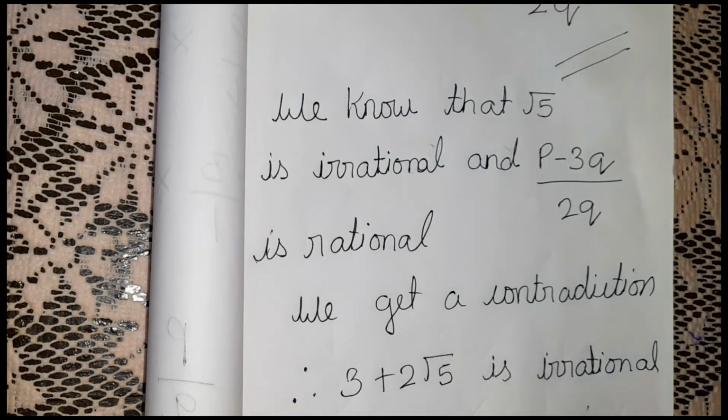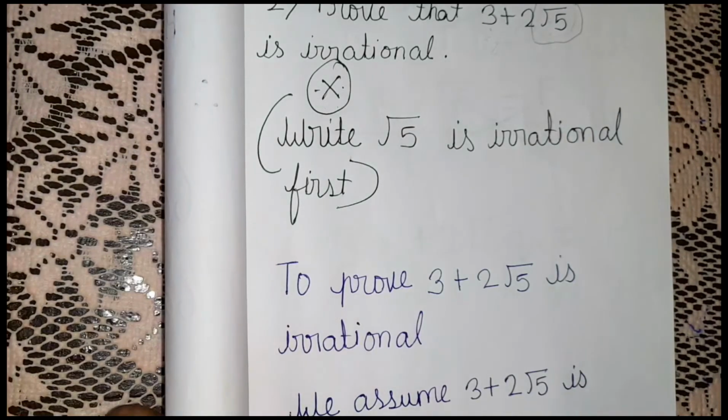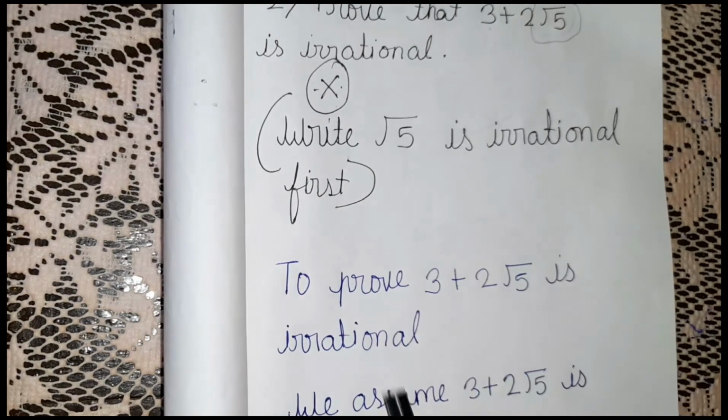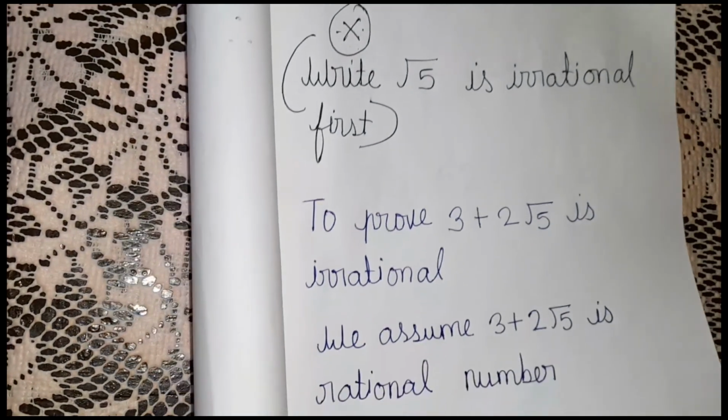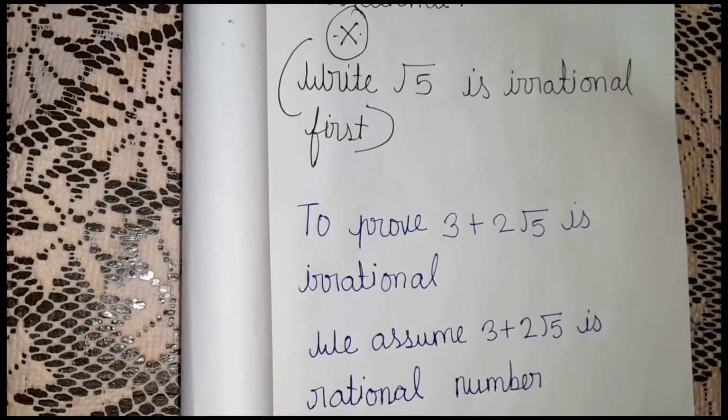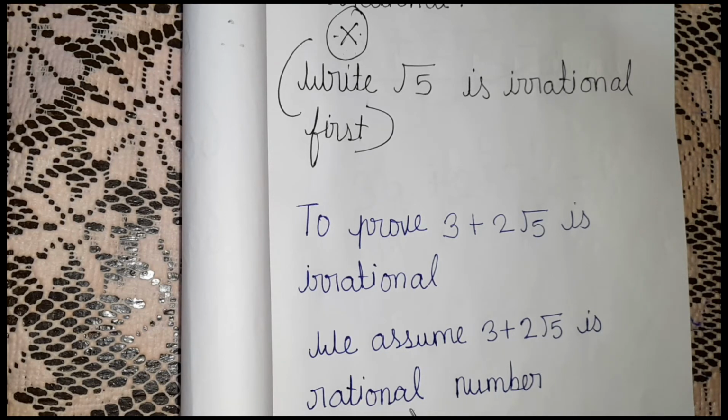Okay, let me show that. So here you can see in the question they mentioned irrational, but in the answer we assumed it as a rational number. That's because we can't solve the problem if we take it as irrational, but we can solve this problem by taking it as a rational number, because a rational number is in the form p by q, where q is not equal to 0.